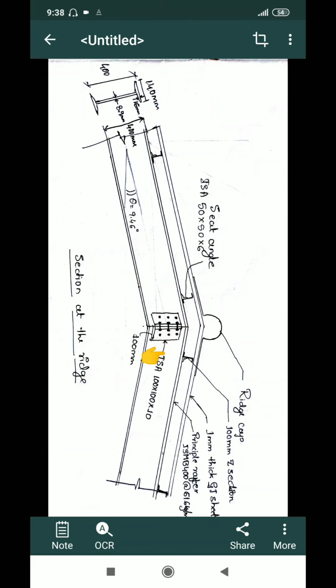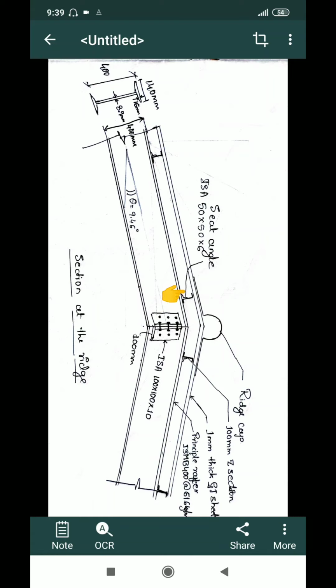These two will help me connect, and in between there will be a plate which will connect both these beams with cleat angle, and this is the principal rafter of dimension ISMB 400, same on the other side. The angle section I am using is 100 by 100 by 10.